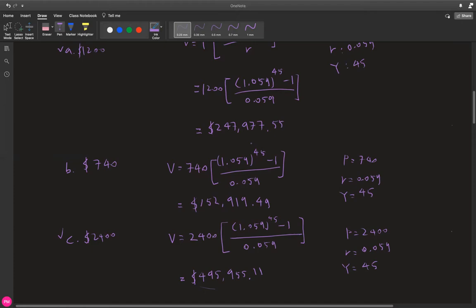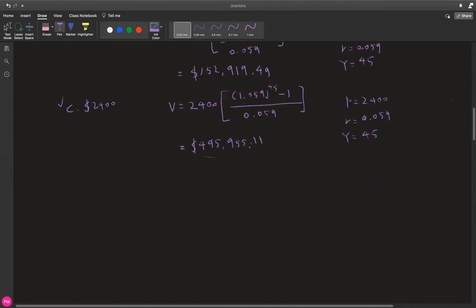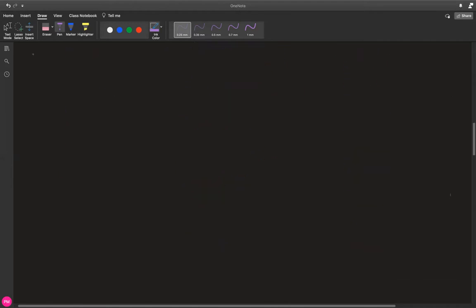So now let's look at the next example. The next example is actually a very similar problem.